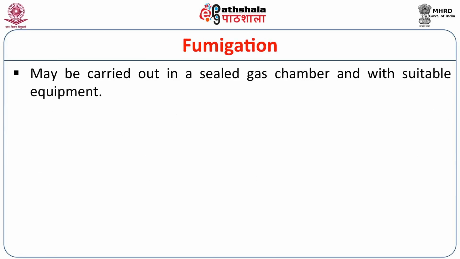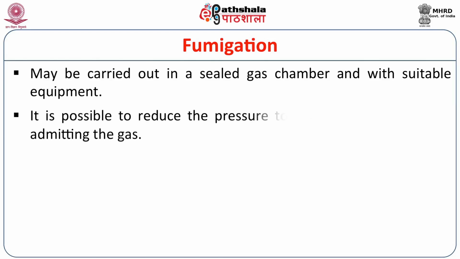Fumigation with a fumigant or insecticidal gas is a very good precautionary measure. Fumigation may be carried out in a sealed gas chamber with suitable equipment. It is possible to reduce the pressure to a partial vacuum before admitting the gas.